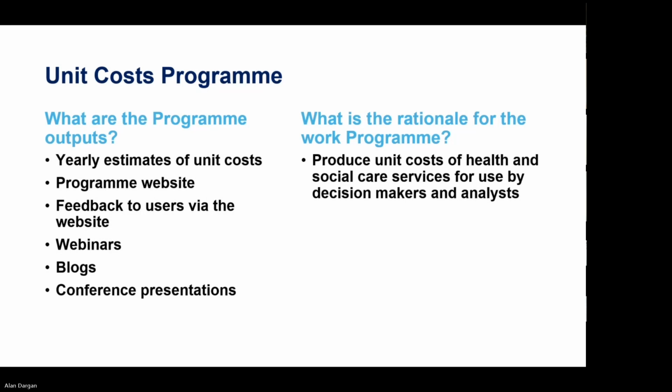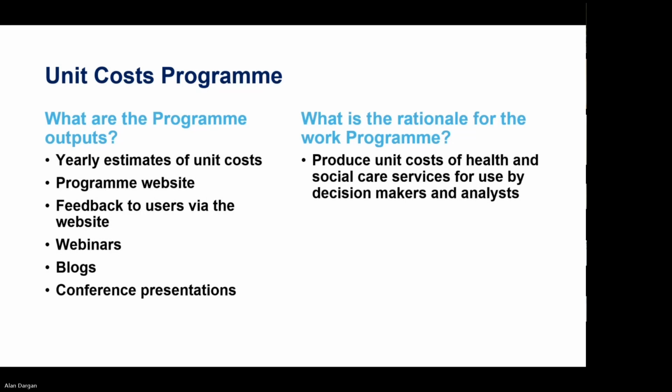And what is the rationale for the work programme? Well, it's to produce these unit costs of health and social care services for use by decision makers and analysts. And the way I see it, in a way, as members of the public, we're all decision makers and we do our own analysis. So when we decide, oh, I need a GP appointment, it's us that makes that choice.